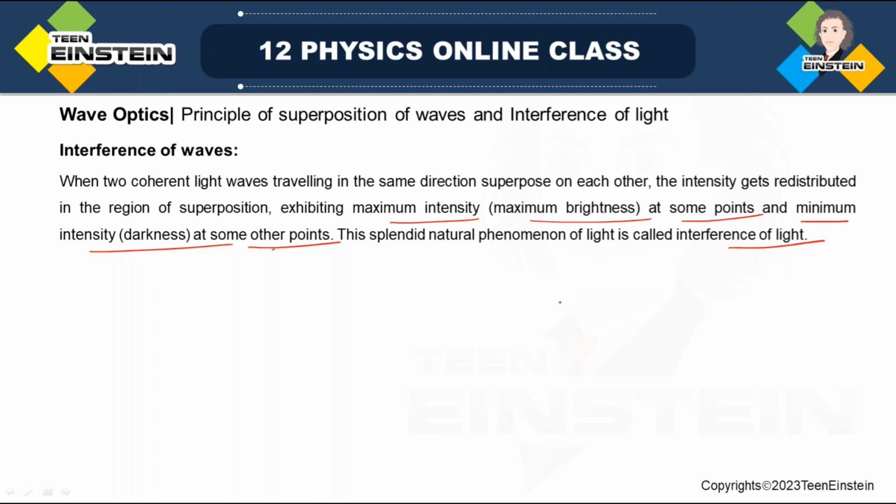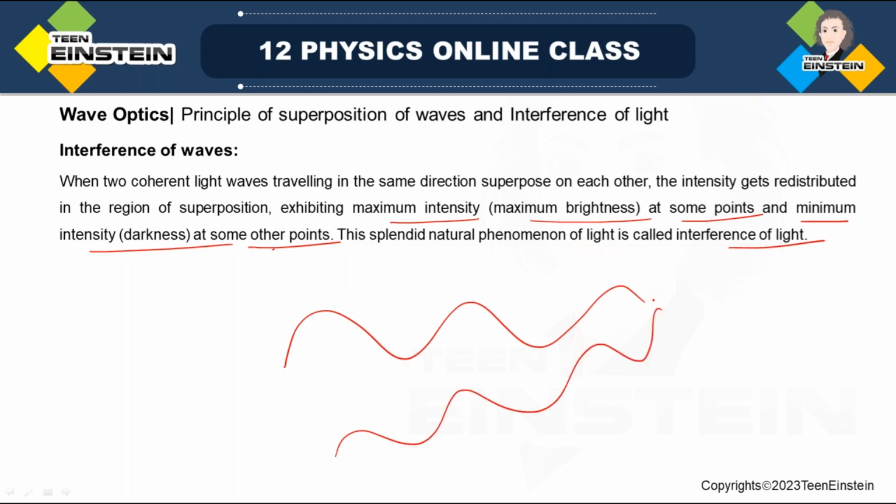So as I said, interference happens when two or more waves superpose on each other. At the point of superposition, suppose this wave has intensity I1 and this has intensity I2, the intensity of light at this particular position will not be the same as I1 or I2.